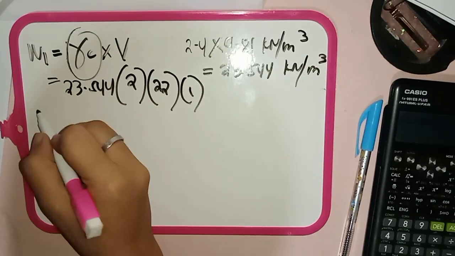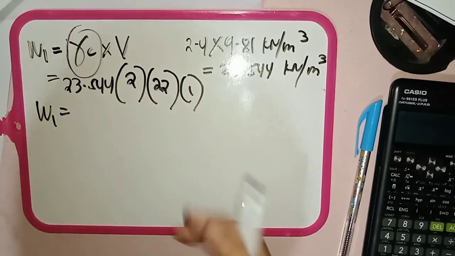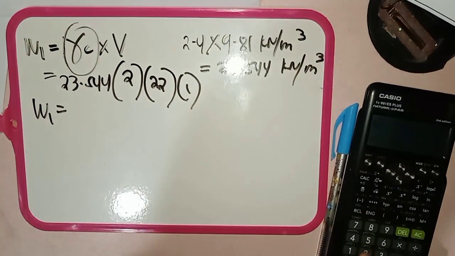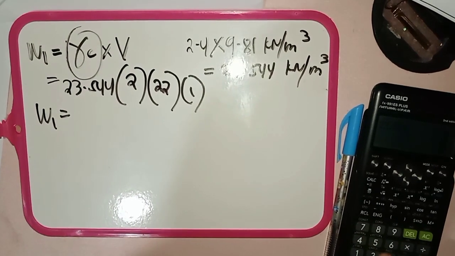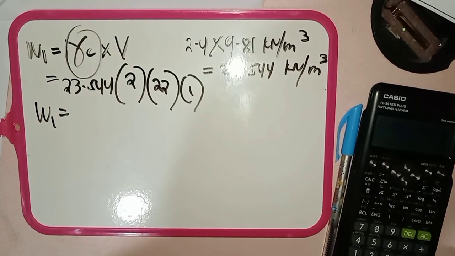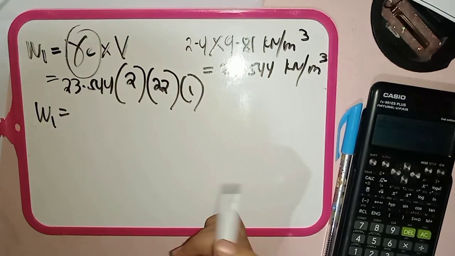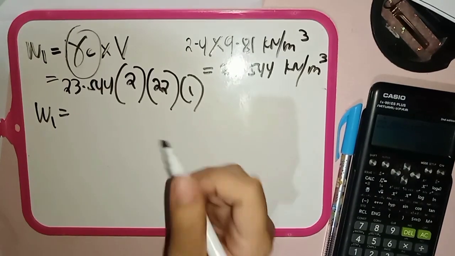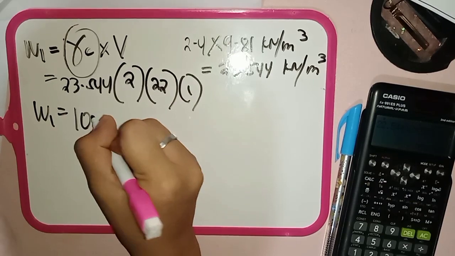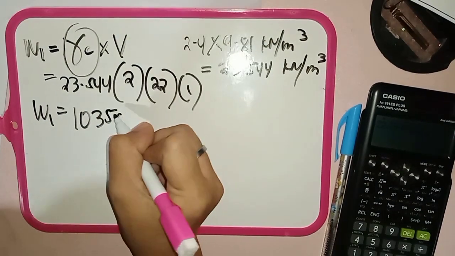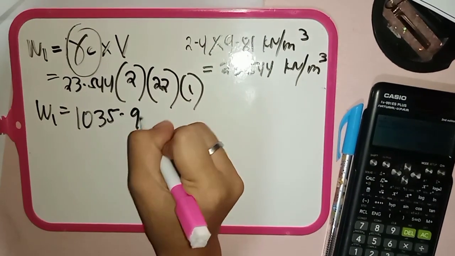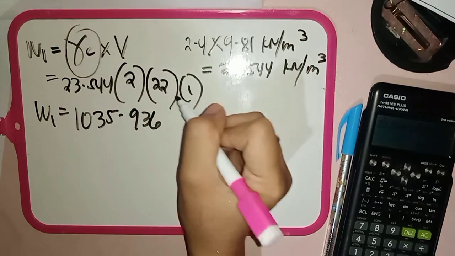If we multiply all of this together, 23.544 times 2 times 22 times 1, it will be 10,355.936.